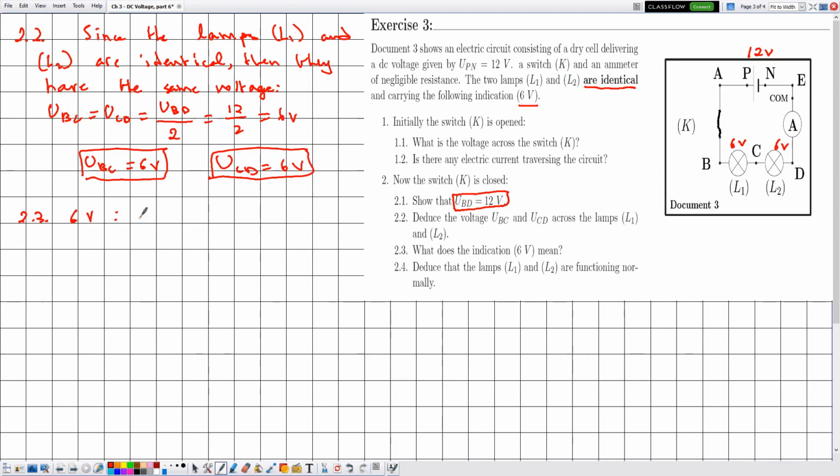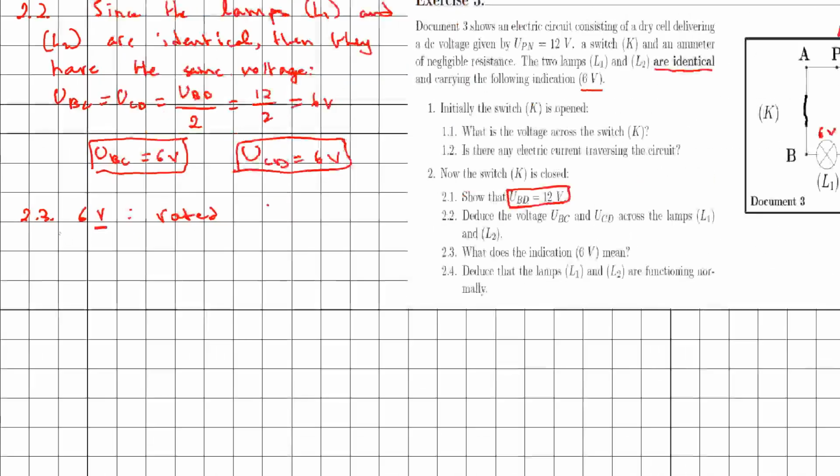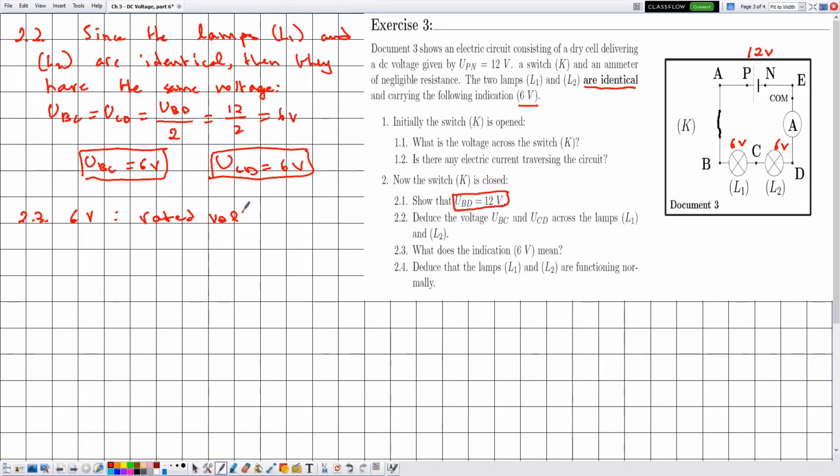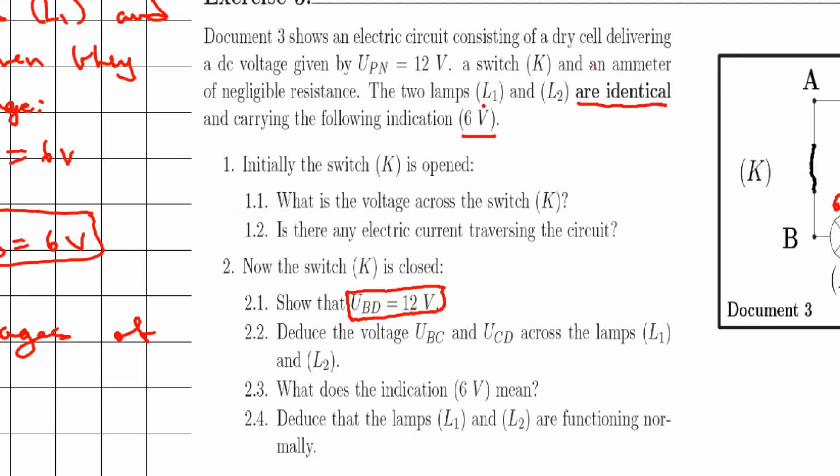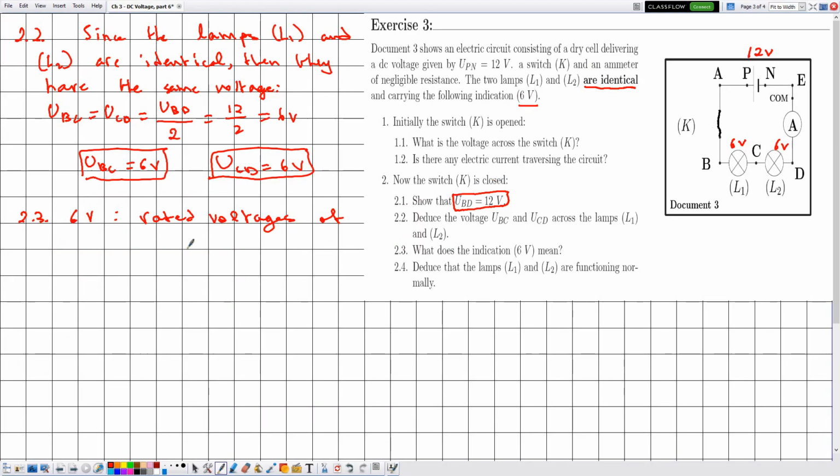So 6 volt is the rated voltage because it has the unit of volts, of the lamps L1 and L2, under which they function normally.